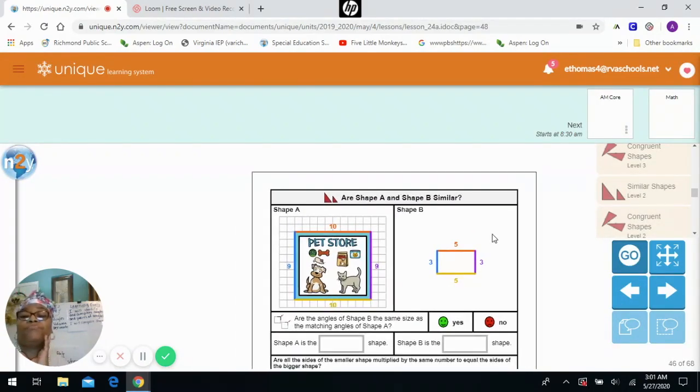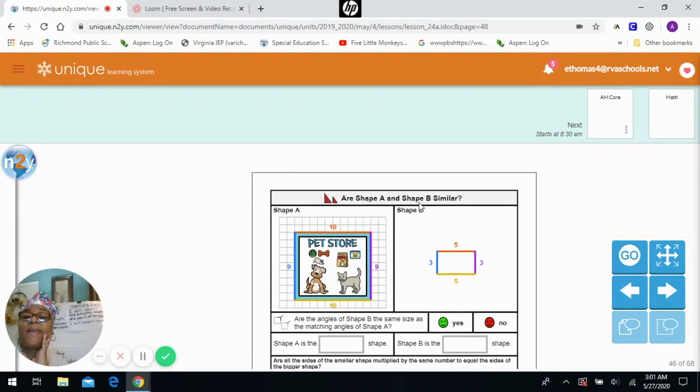So it says, are shape A and B similar? We have A and B. Are they similar? Yes or no? Yes, I would say they're similar. So are the angles of shape B the same size as the matching angles of shape A?